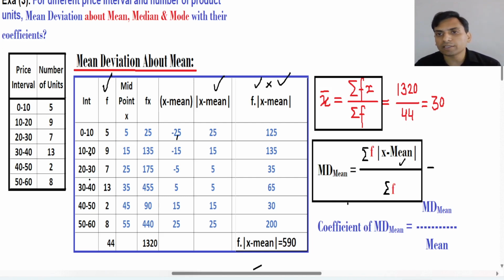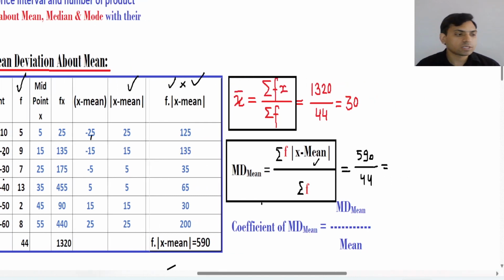Now we will put it in this formula: 590 divided by summation f, that is 44. So this is equal to 13.4, that is the mean deviation about mean.